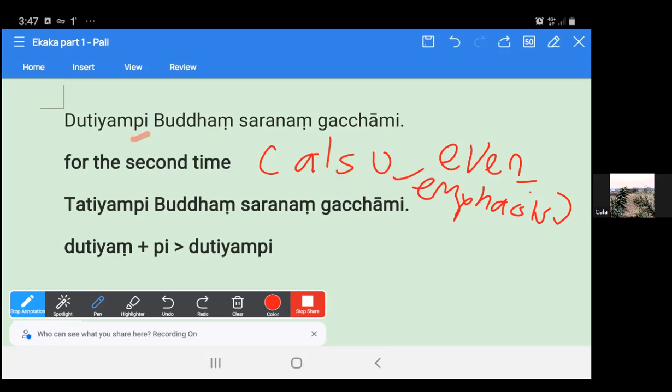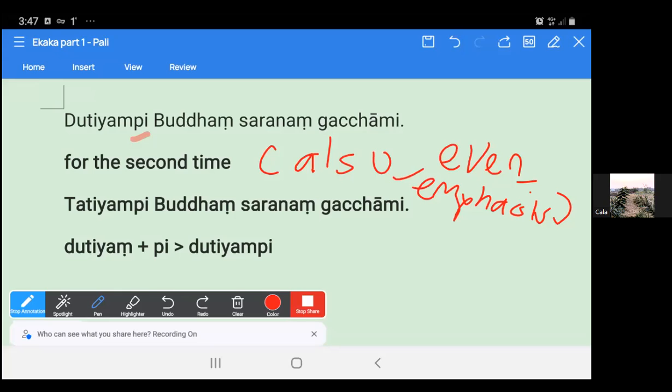Look for the words. Tatiyampi. Chatutampi. Buddham saranam gacchami. Okay, for the fifth time, Panchamampi. Buddham saranam gacchami.